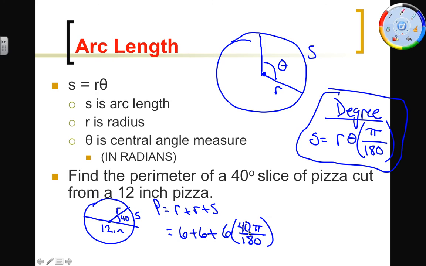My degrees times pi over 180. And since we're getting a real world length, here's where we actually get to multiply by pi. So 6 plus 6 times 40 pi divided by 180. I get 16.19.